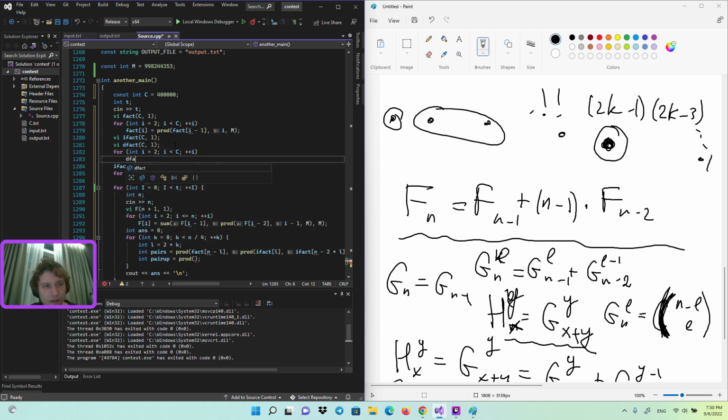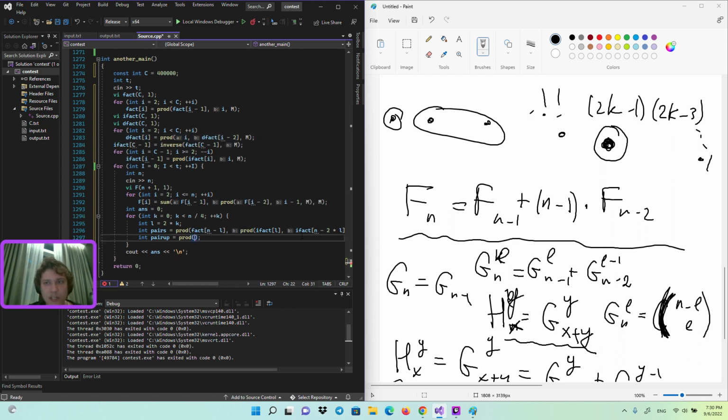So dfact of i equals the product of i and dfact of i minus 2, modulo m. So here we have just dfact of l minus 1. And we take the product of pairs and this dfact modulo m.